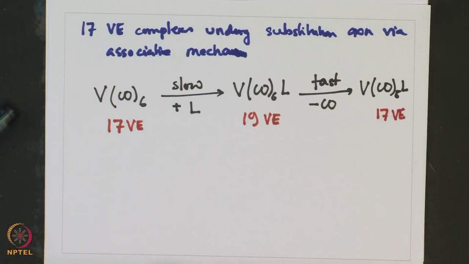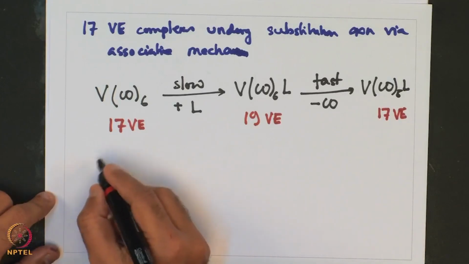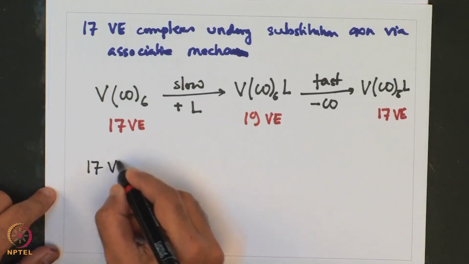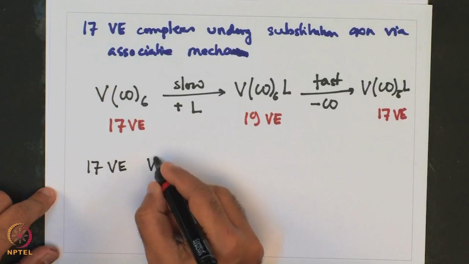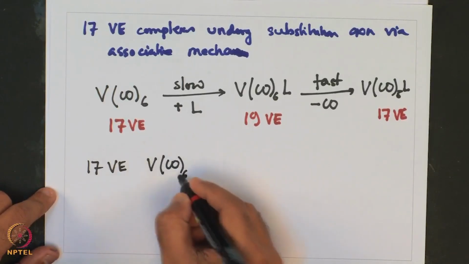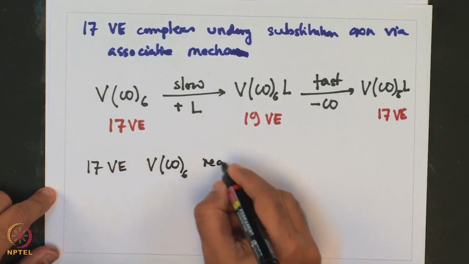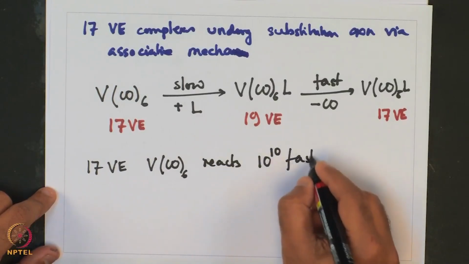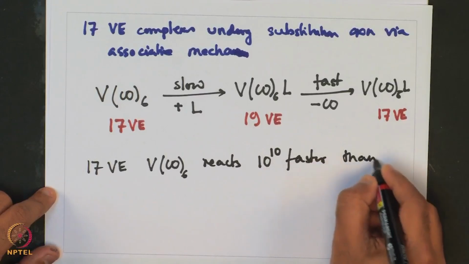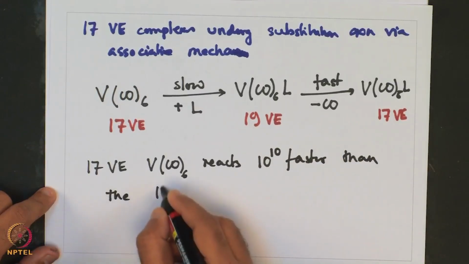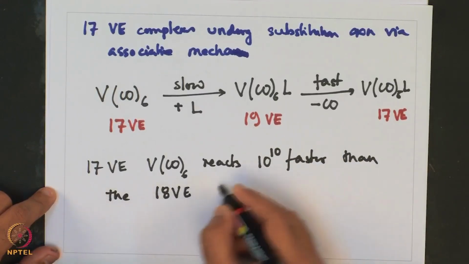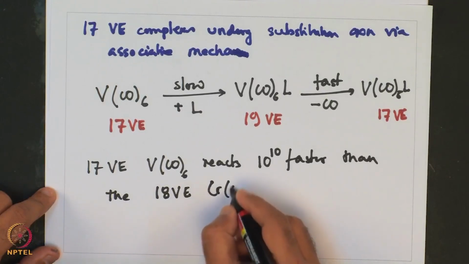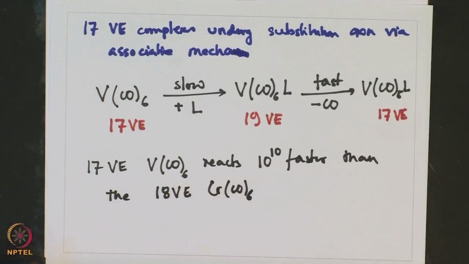Now, it is interesting to note that the 17 VE vanadium carbonyl species reacts 10 to the power 10 times faster than the 18 VE CrCO6, which is an 18 valence electron species.